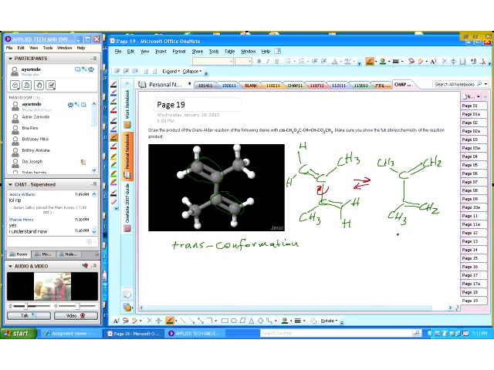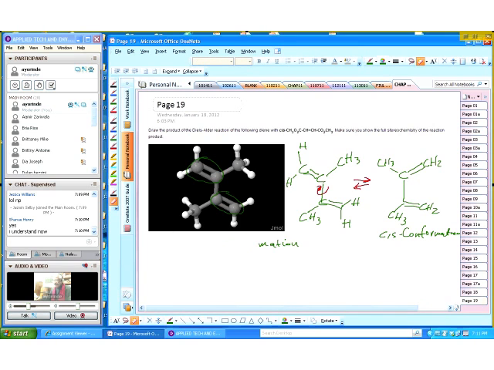So now we have the molecule in the cis conformation. This is what we call the cis conformation. Once you get your molecule in the cis conformation, then you can do your Diels-Alder reaction. So let us do that now.